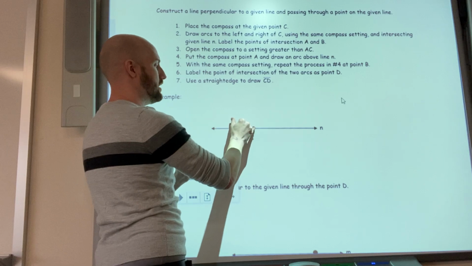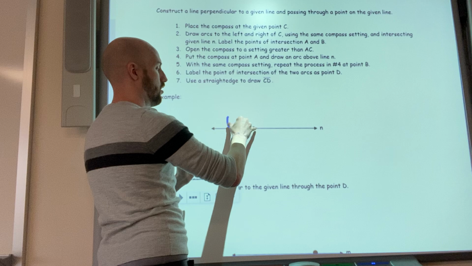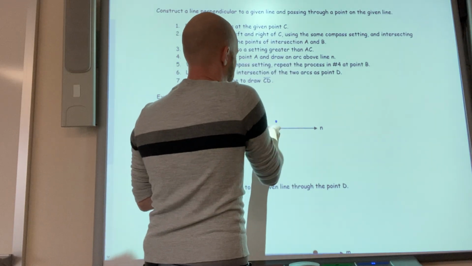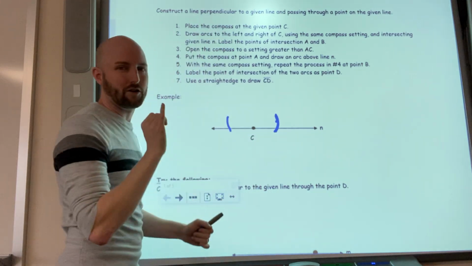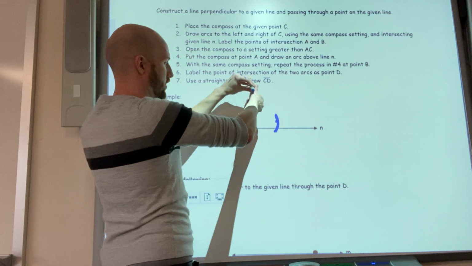I open up to any amount, put the stabby point on C, and mark off on this side and then on the other side the same equal distance. It's hard to do with my hand, but I'm showing you with my pencil, marking this off, marking this off.